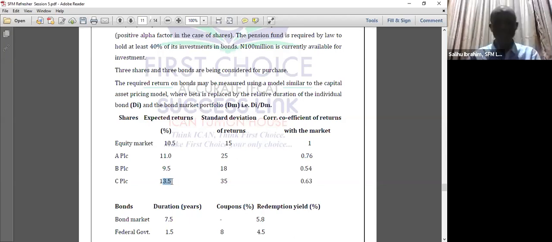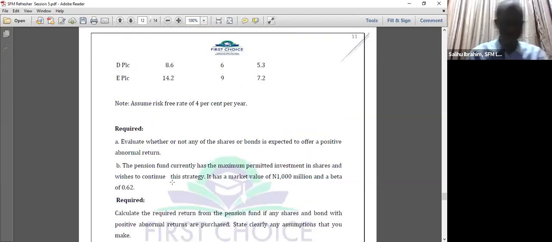When you have your alpha value positive, that security is having positive abnormal return. Okay, we are computing our beta.